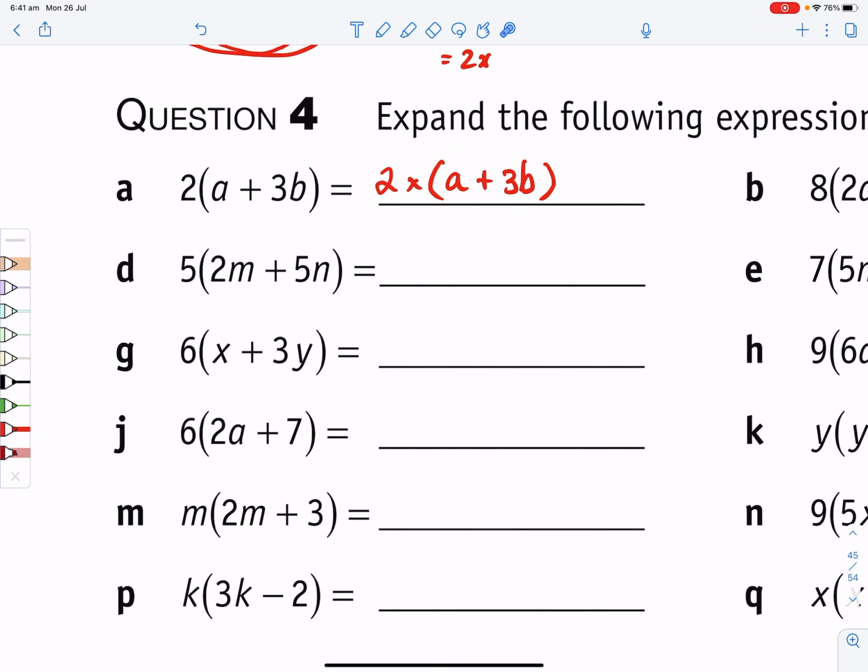Let me repeat that, please. 2 times everything inside the brackets. So what you must do to answer this question is do 2 times a, which is 2a, and you stop. And now you must do 2 times the 3b, which is plus 6b, and you stop.